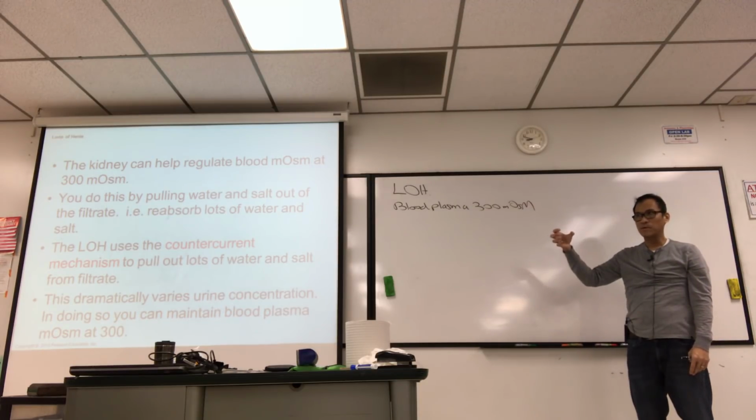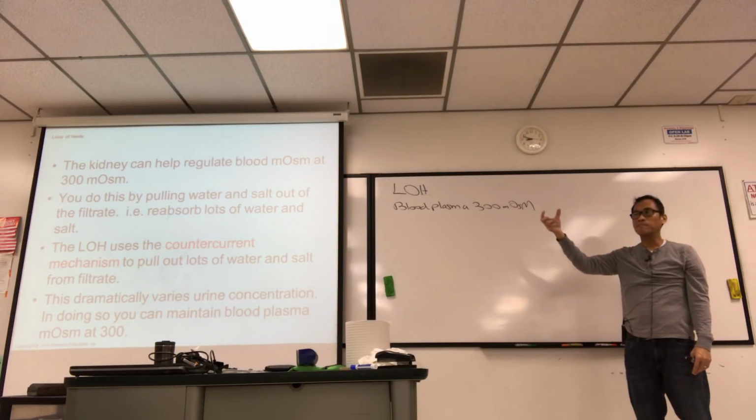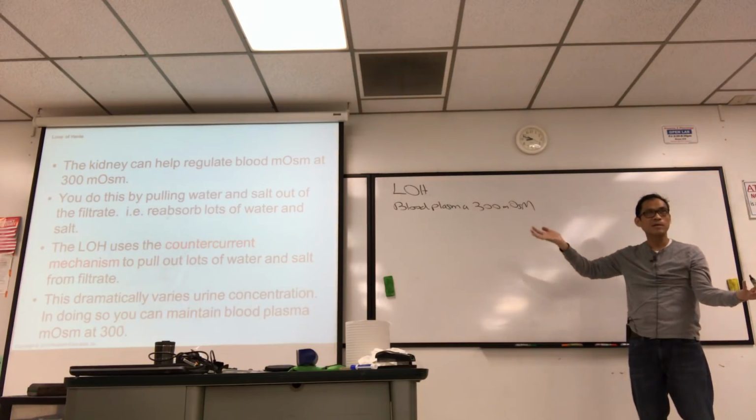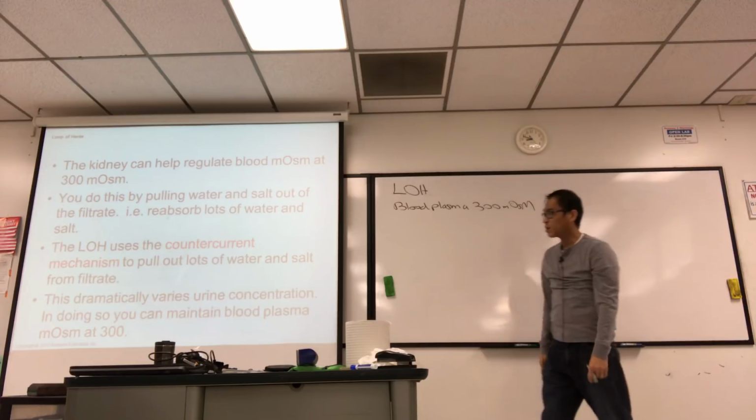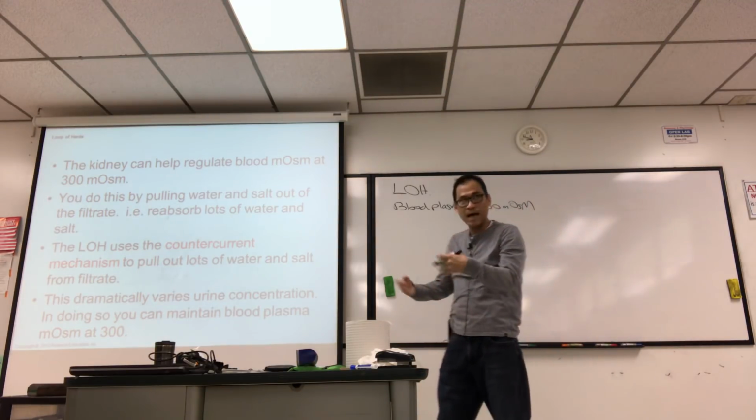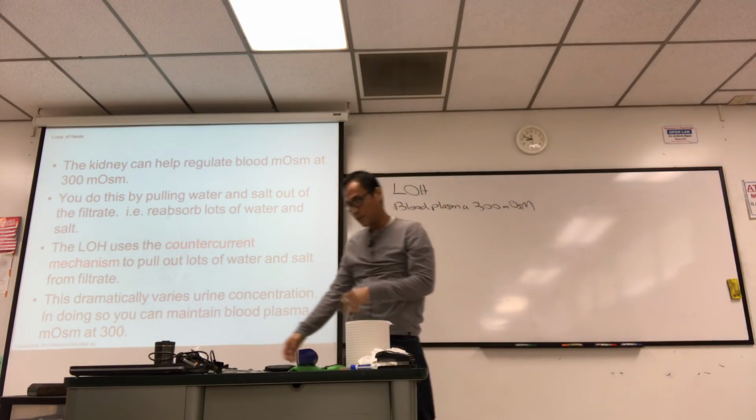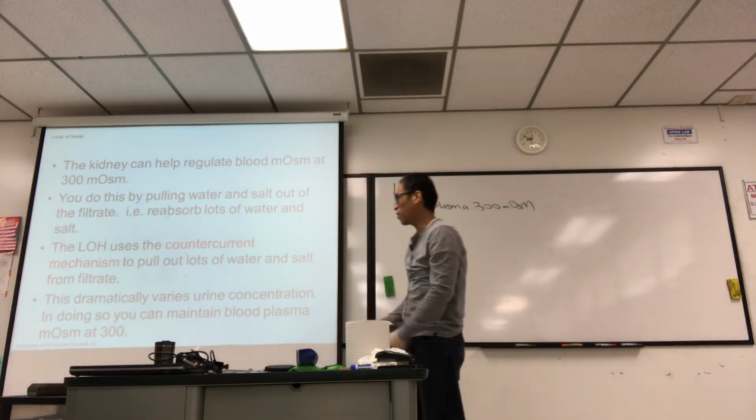So imagine a cylinder, we got a 100 ml beaker of pure water. You can just add 0.9 grams of sodium chloride to it. That's all it is. That's all this number is. Okay? So it's pretty dilute. And what you do is you pull water and salt out of it to help concentrate urine so you don't lose all your fluids to the urine.